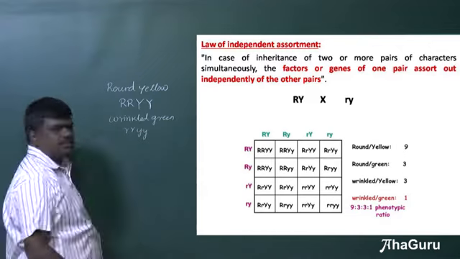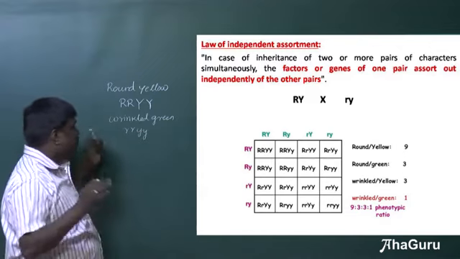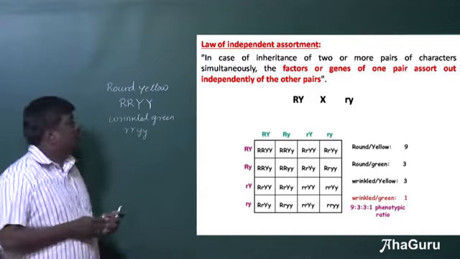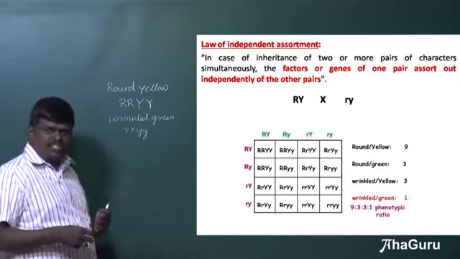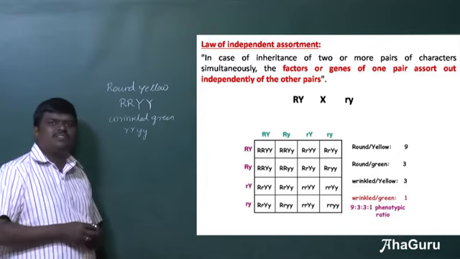These are the parents. According to the law of independent assortment, both factors always assort with each other to get expressed.